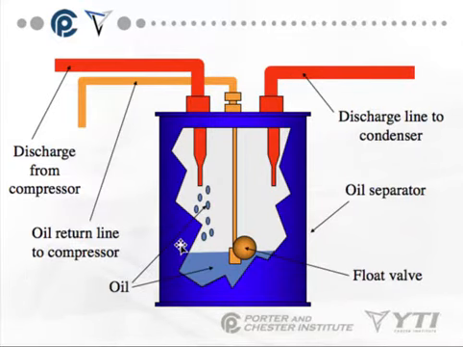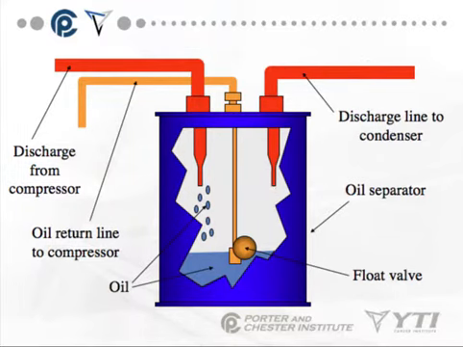This is an example of an oil separator. We have our discharge from the compressor that comes in, and fills this space with a combination of oil and refrigerant, because that's what carries our oil. The oil particles fall to the bottom, because they're heavy. The discharge line to the condenser takes my pure refrigerant gas with no oil.